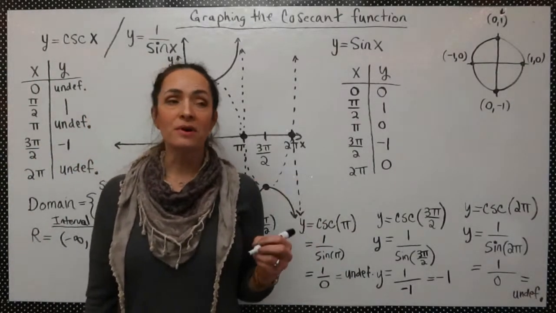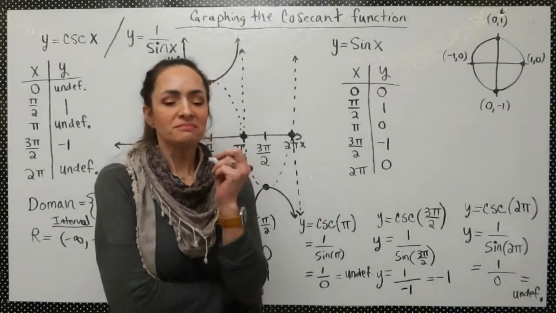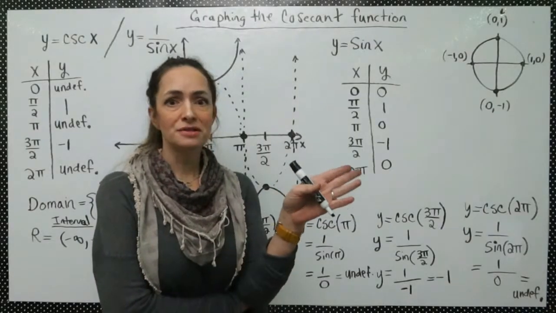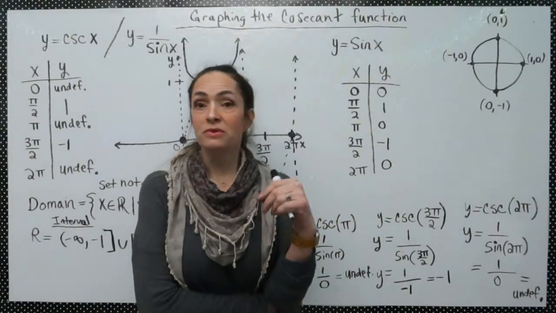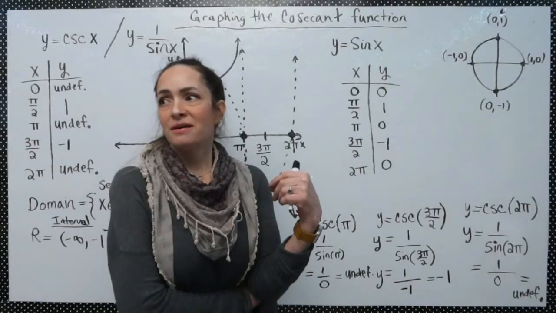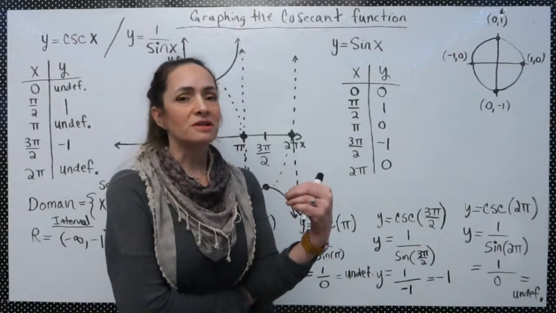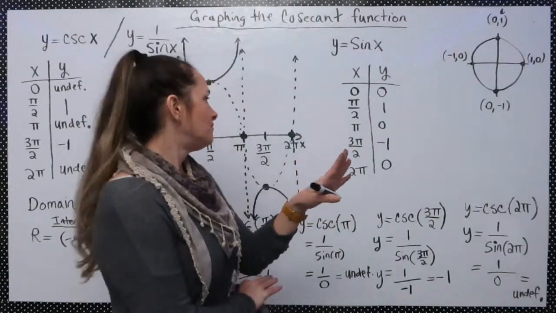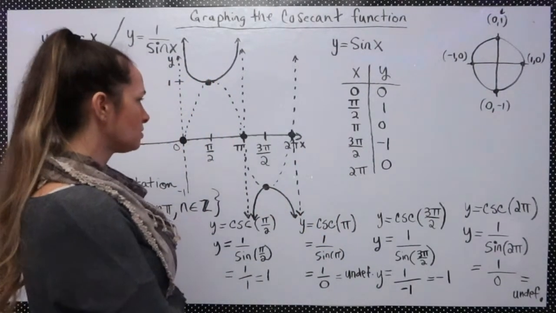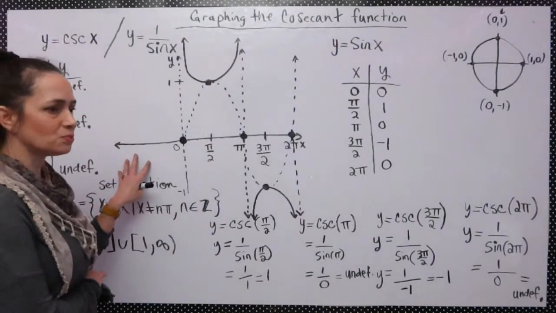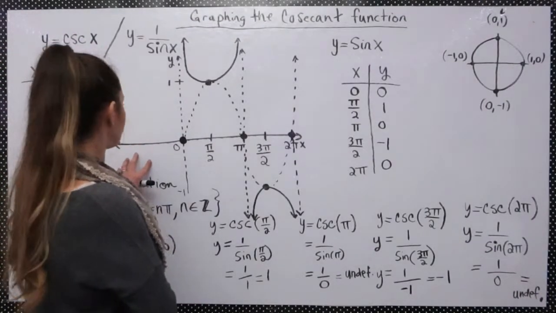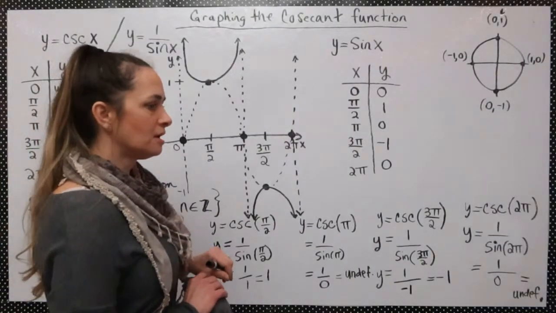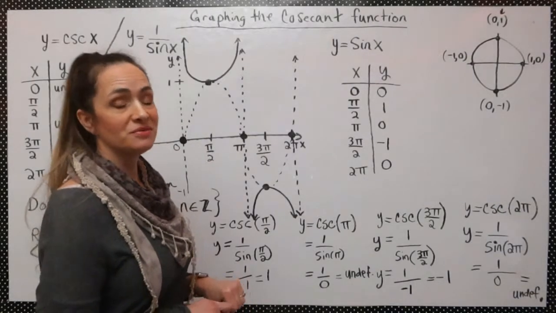What I want to do is probably finish graphing these reciprocal functions in the next day or two. I'm going to try to spend a little more time on secant tomorrow, where I'll try to get a much bigger graph, maybe some negative values in here as well, and maybe some more points, so you can get a better idea of what the secant function looks like.